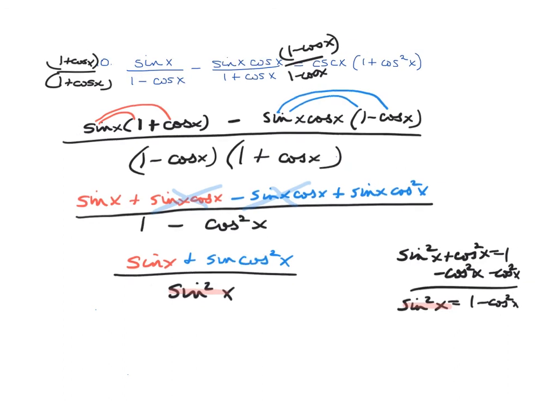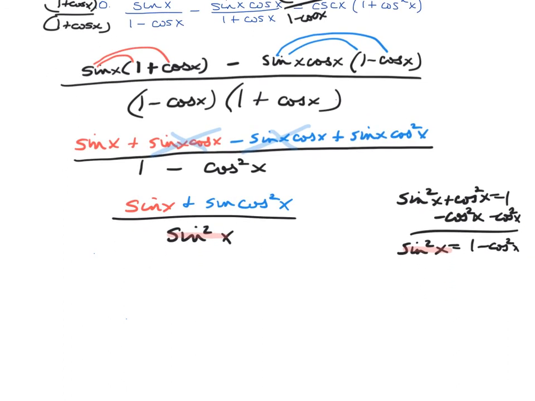And now for the numerator, I'm going to factor out a greatest common factor of sine x. So sine x is my GCF. Once I divide sine x by sine x, it's 1. And once I divide the blue, I'm left with cosine squared x. And then it still has the same denominator.